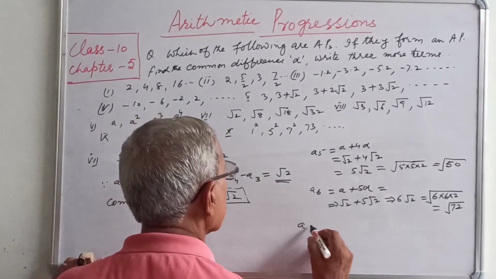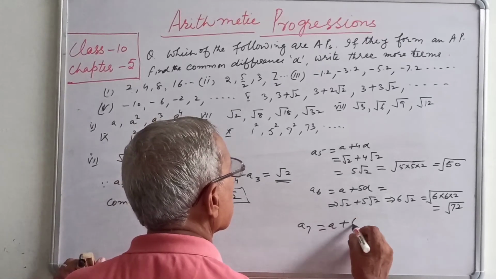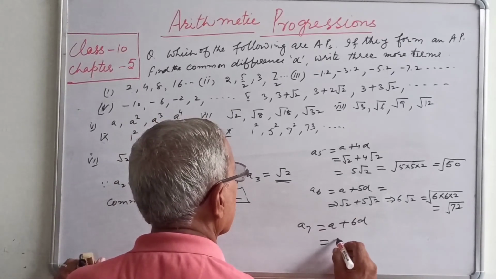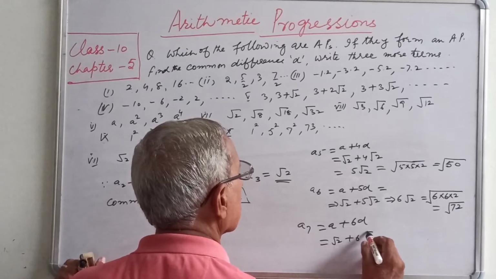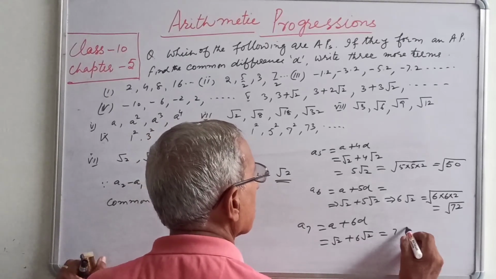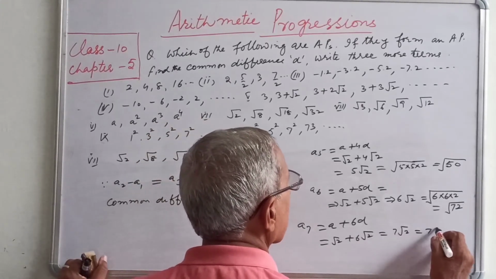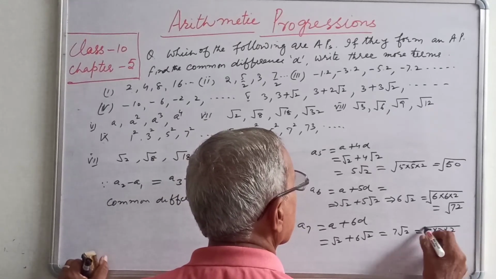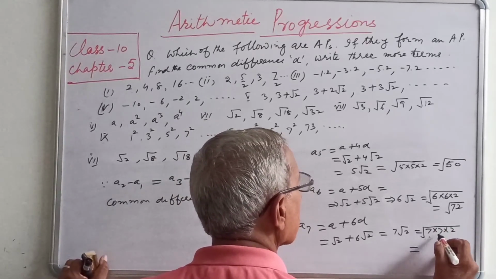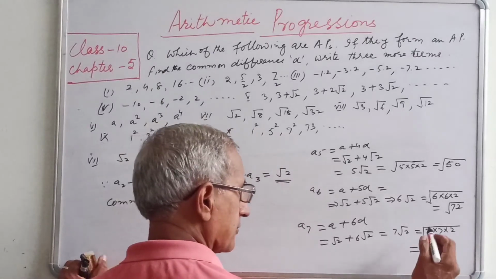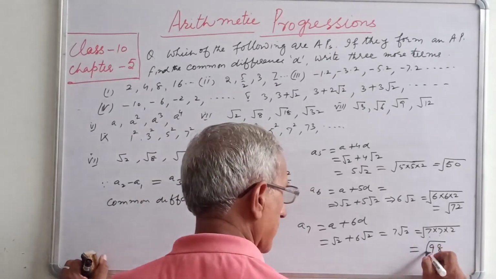And A7 is A plus 6D, under root 2 plus 6 under root 2, so 7 under root 2, so 7 into 7 into 2, 4 into 7 into 7 is 49, into 2 is 98, under root 98.